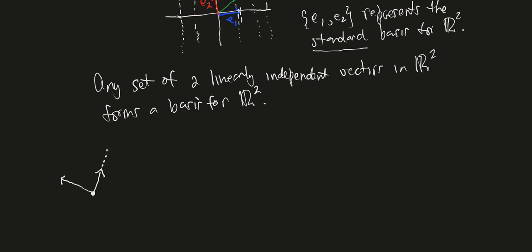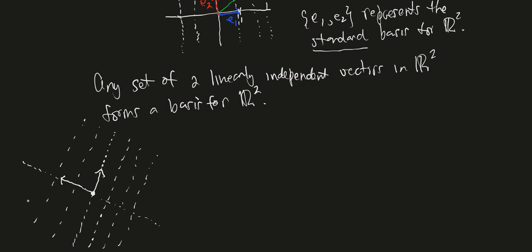Any scalar multiple of this vector would lie on this line. Any scalar multiple of this vector would lie on this line. And then when I do my linear combination, adding a scalar multiple of this to any scalar multiple of this, this is my grid.